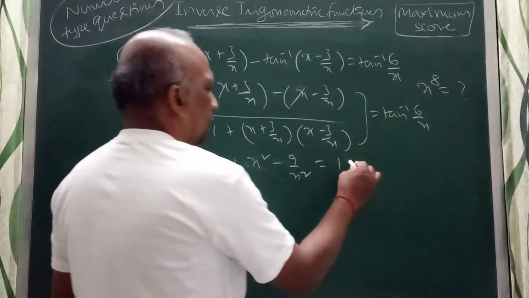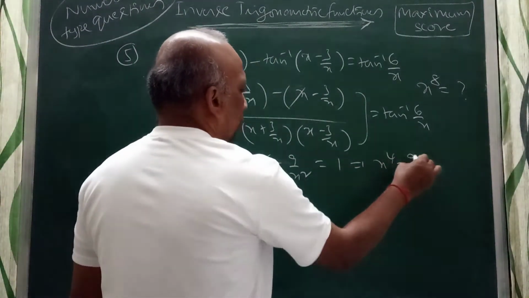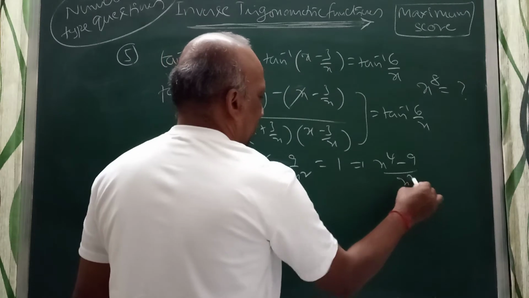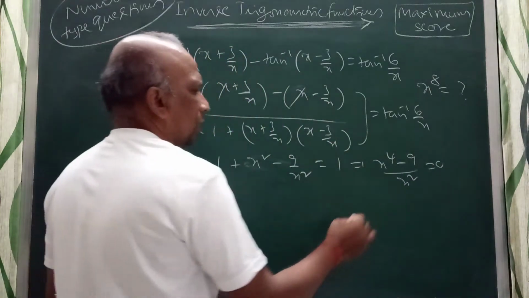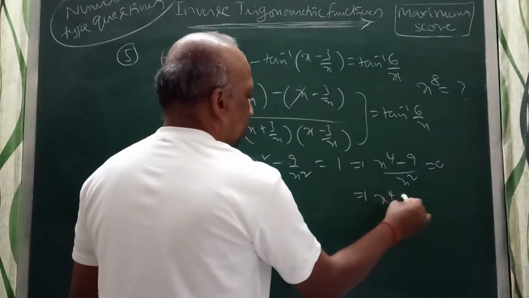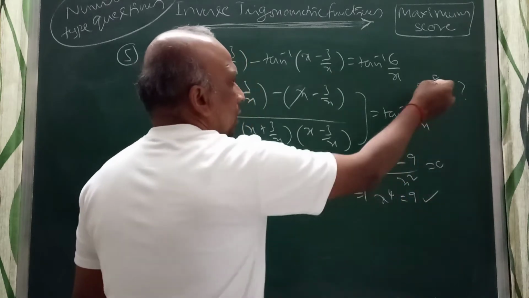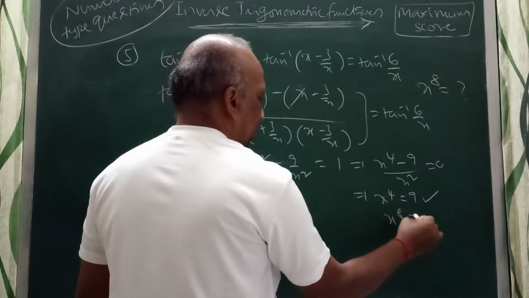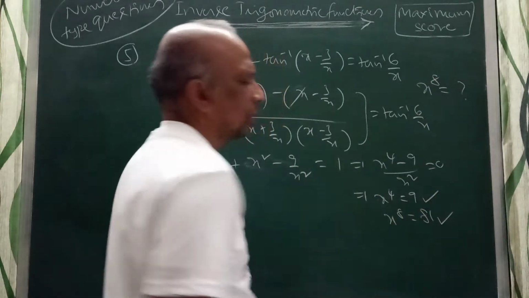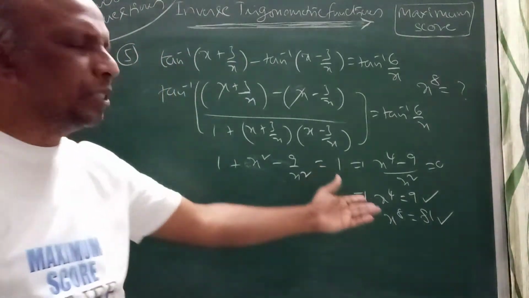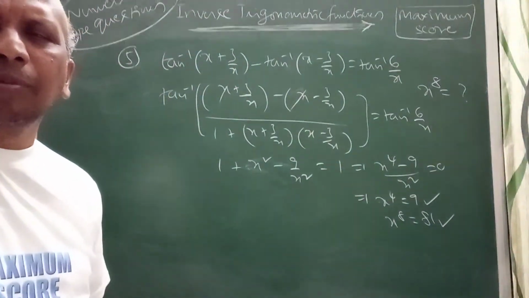So from this I can write (x power 4 minus 9) by x square equal to 0, right? Transfer to that side. You will get x power 4 is equal to 9. Then x power 8 is equal to 81.